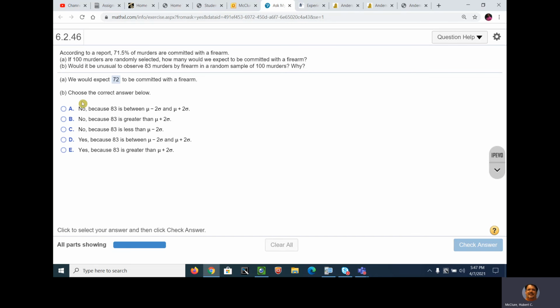Now this is where they're going to ask you to draw the curve, because they want you to find the mean and the standard deviation. So this is NP, N times P. We know that the mean, B, is equal to 72. And the standard deviation is the square root of 72 times 0.285. You're going to have to do this on a calculator.